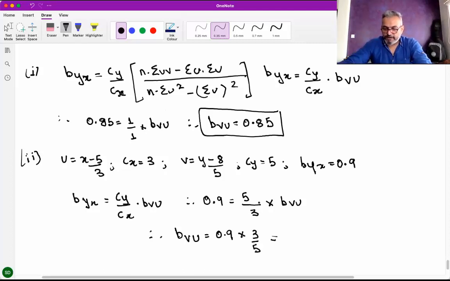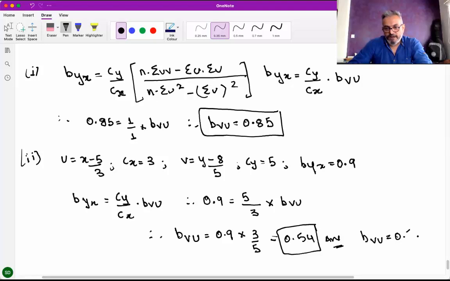Use calculator and find the answer. 0.9 into 3 divided by 5, which is equal to 0.54. Hence, b_vu is equal to 0.54.